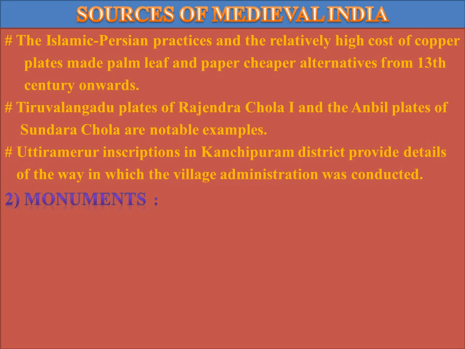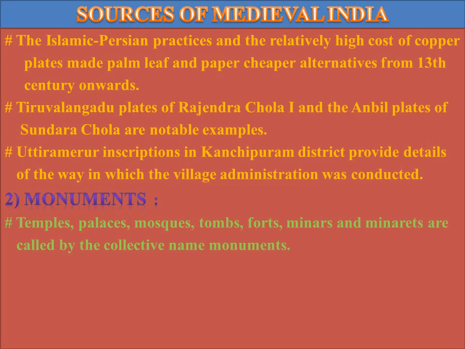Temples, palaces, mosques, tombs, forts, and minars and minarets are called by the collective name monuments. The Sultans of Delhi introduced a new type of architecture. The monuments they built had arches, domes, and minarets as the main features.